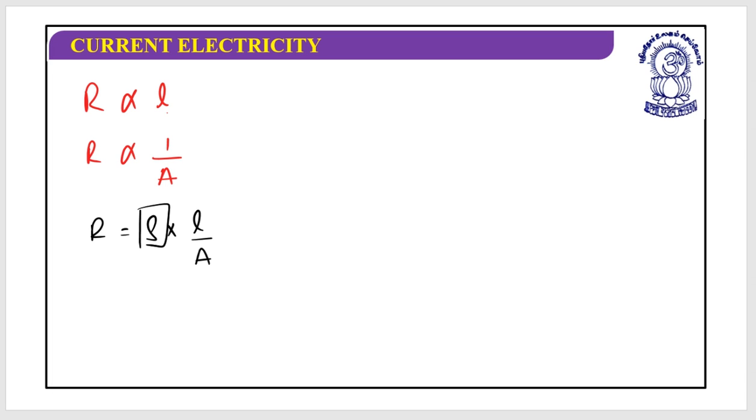This rho is the resistivity of a material. On which parameters it depends, we are going to discuss in the next slides, but I hope these things are clear.